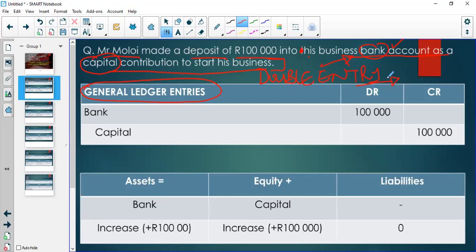Just a quick reminder: earlier on, we identified assets, liabilities, and equity, and under equity we also identified capital, drawings, income, and expenses.